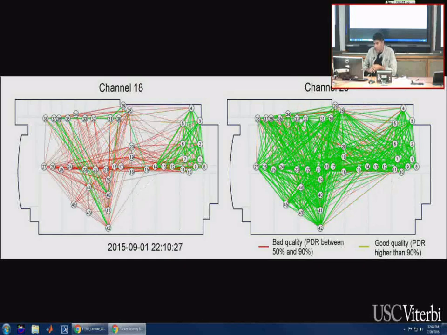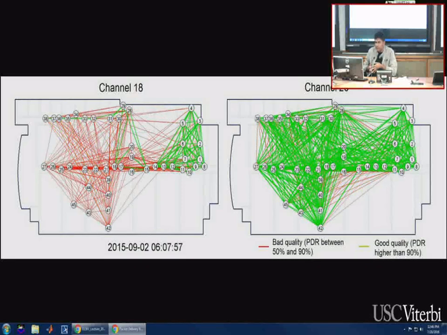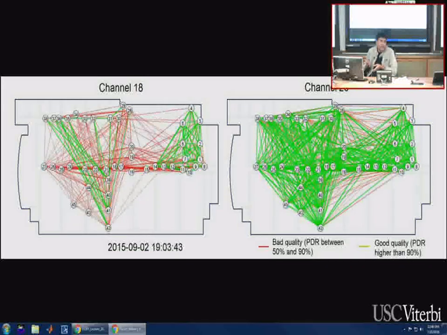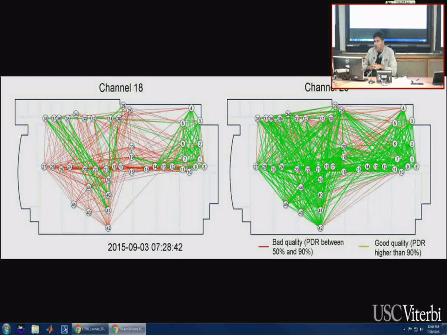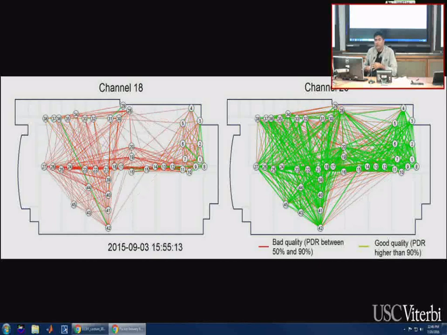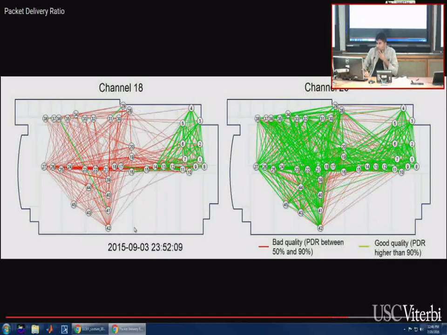The plots show no link at all if the packet reception rate is less than 30%, a red link if the packet reception rate is between 30 and 90%, or a green link if it is very good quality. The student used PDR, packet delivery ratio, instead of packet reception ratio, but it's the same thing.